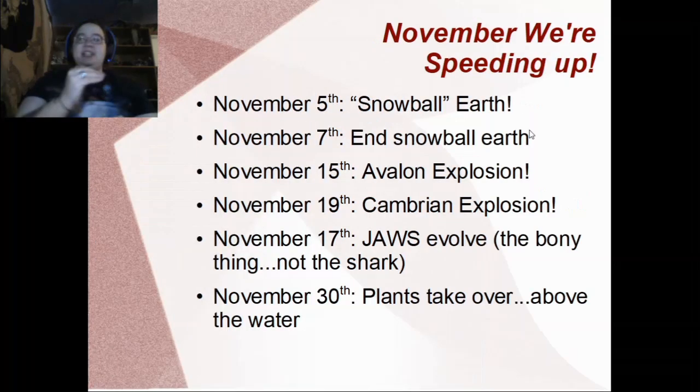It goes quick. And in fact, the first thing that happens is the snowball Earth effect on November 5th. This is when the entire surface of the Earth is covered in ice. Now, we're not sure how many times this has happened over the planet's time period, but we know November 5th in our calendar is when it first really happened.